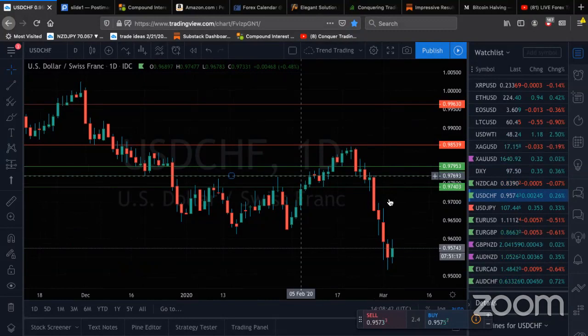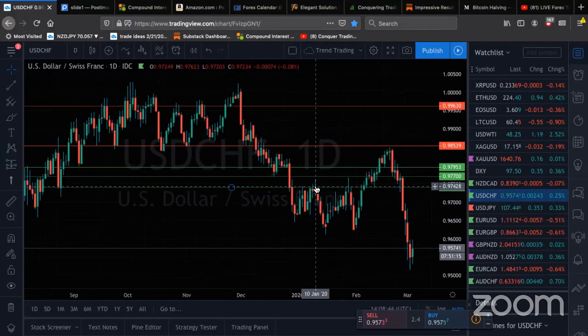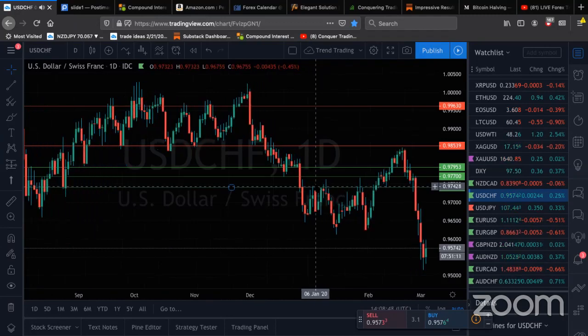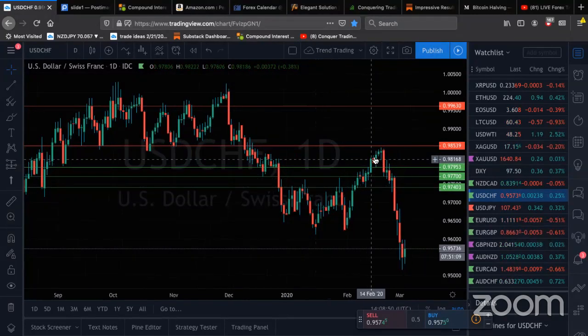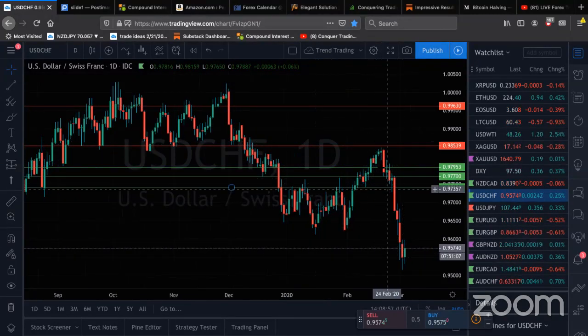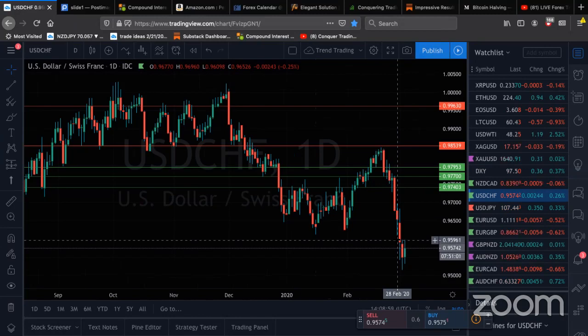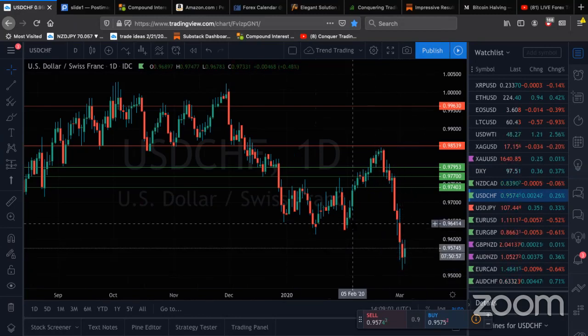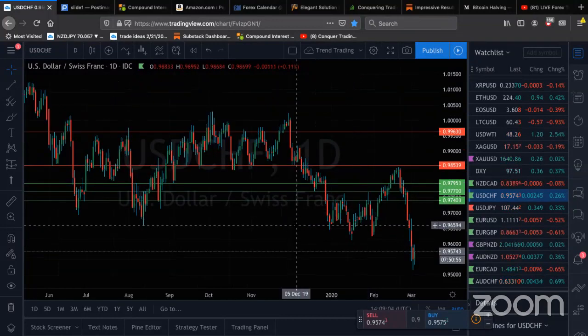U.S. dollar, Swiss franc. All I notice here is that, first of all, I think it was DJ who nailed this. DJ has been a beast when it comes to really big moves, and is consolidating down here right now. Where do we have any type of resistance?